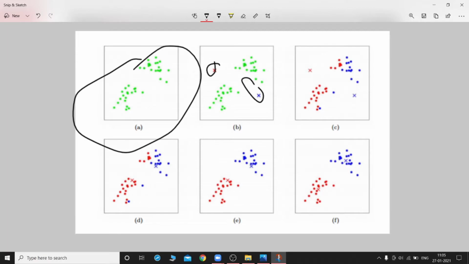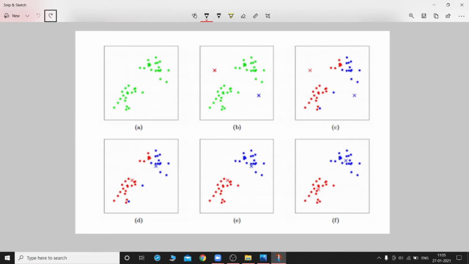We have already set 2 points here. Once we have set these 2 points, the nearest points to the blue one and the red one are going to be highlighted. The points nearest to the blue one, this one, and then the whole blue colored bunch, because they are near to the cluster centroid.